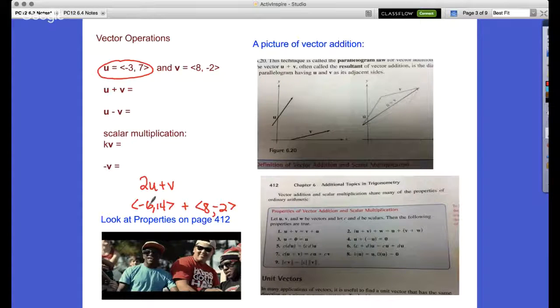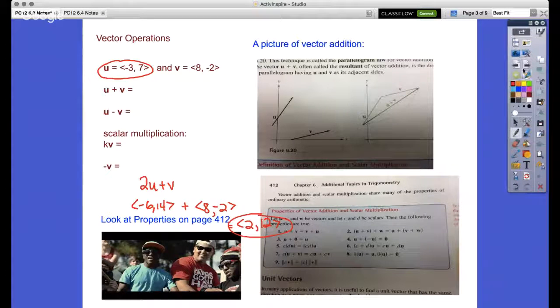When I add, it's pretty simple. -6 plus 8 is 2, and 14 minus 2 is 12. So 2, 12 in component form is exactly what we're looking for. We can add, multiply, do whatever we need to do to simplify those vectors.